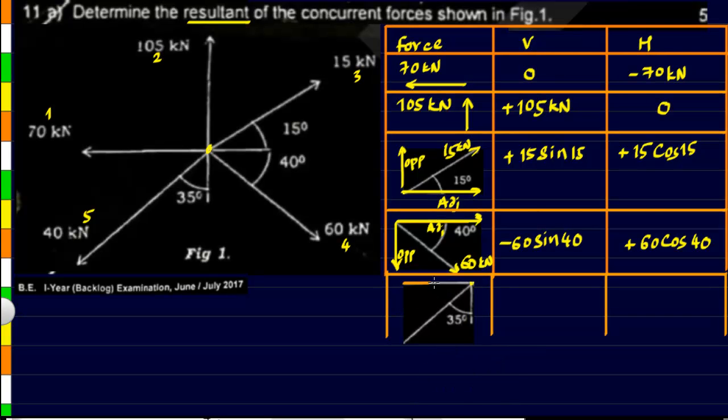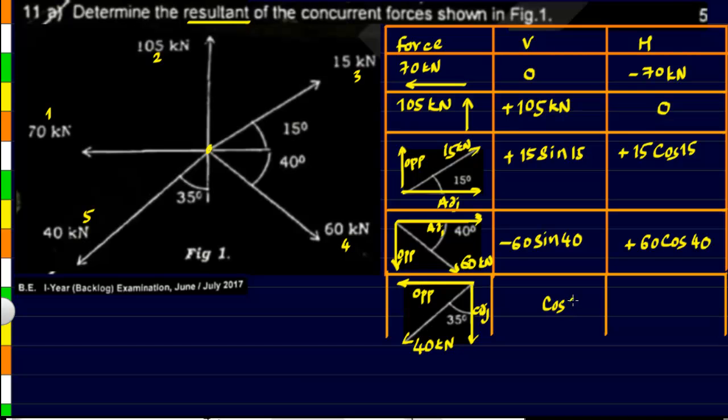Now this is the horizontal component, and this here is the vertical component. This is the actual force acting at 35 degrees, its value being 40 kilonewtons. So once again, we'll have to find the vertical and horizontal components. You can see this component here is adjacent to the angle, this one is opposite, and once again we know that adjacent comes in cos.